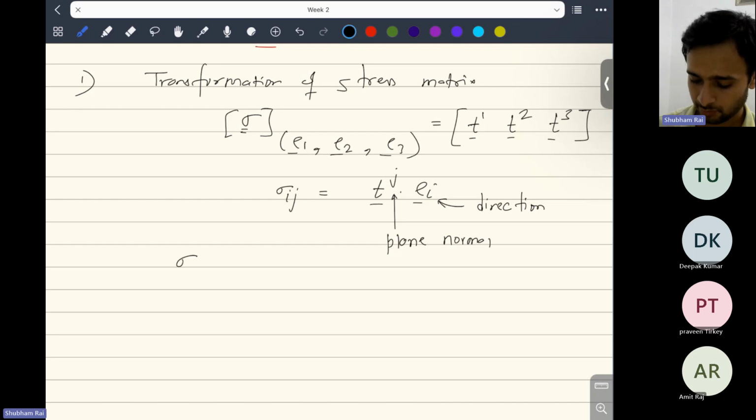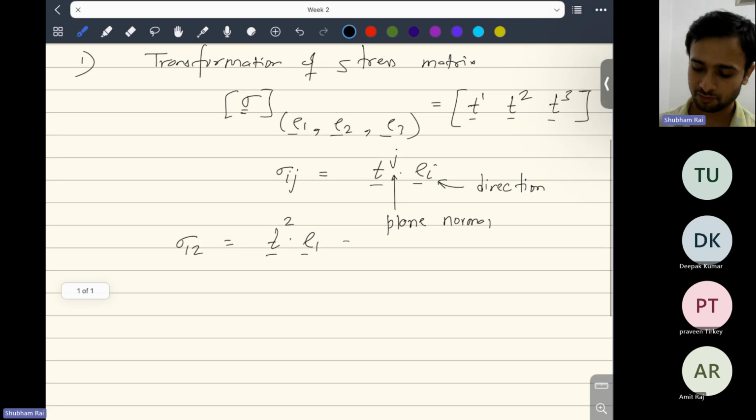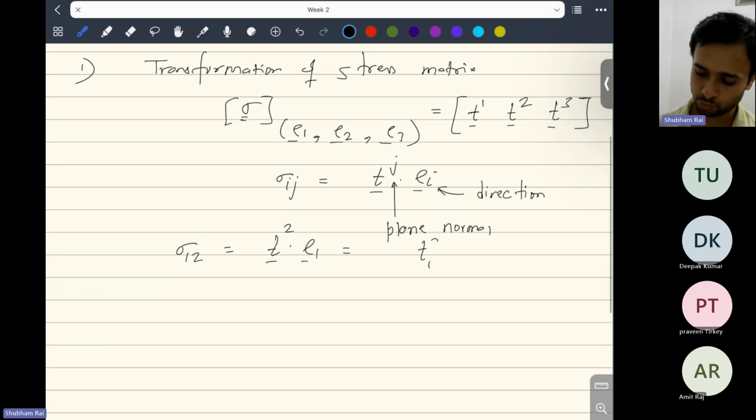So it means, let's say we write sigma 1, 2. So that will be T vector 2 dot E1, right? So what that will be? It will be T12, because we are taking traction vector on a plane with plane normal E2, and then we are finding the component of that traction vector in E1 direction.